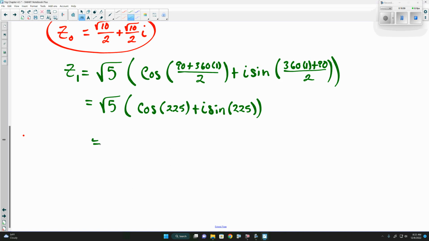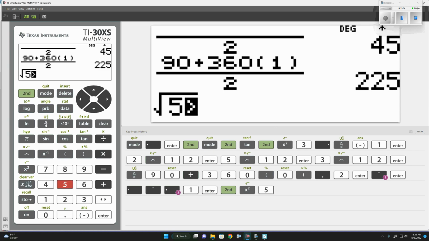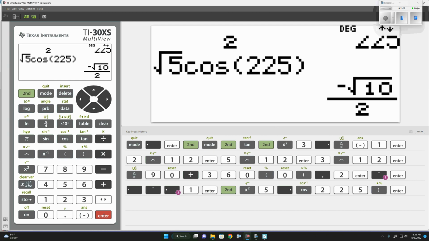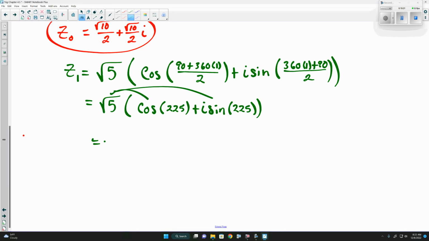Now this is going to be another one of our 45s, so square root 2 over 2. But if we don't remember that off the top of our heads, I'm going to multiply and do this all at once. And come over here and say square root 5 cosine 225, so negative square root of 10 over 2.